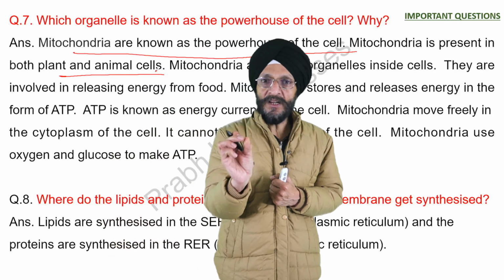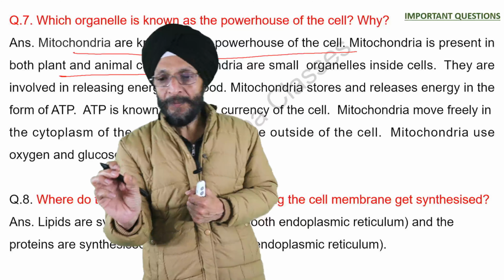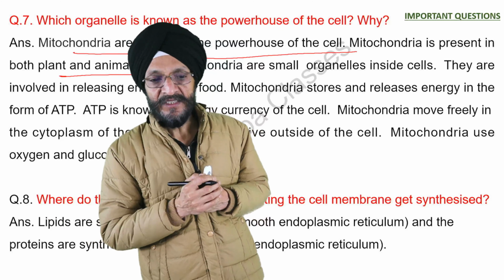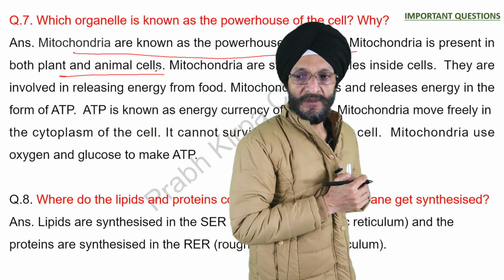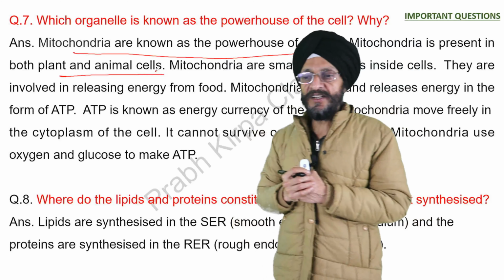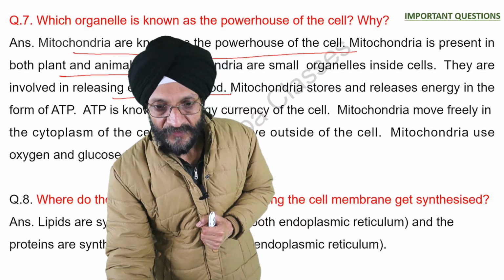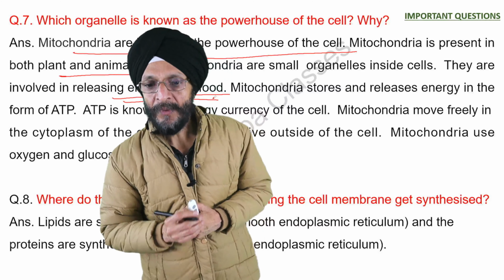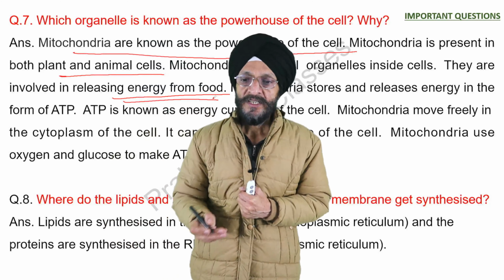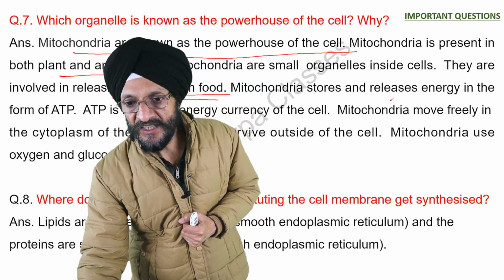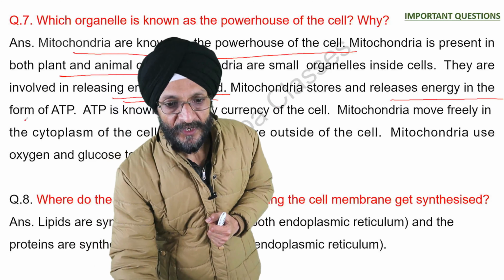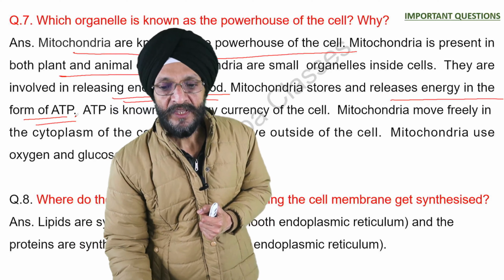They are small organelles which are present inside the cells. What is their function? They are involved in releasing energy from food. Mitochondria store and release energy in the form of ATP.